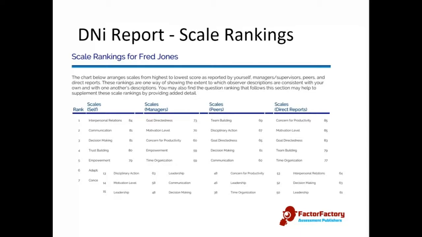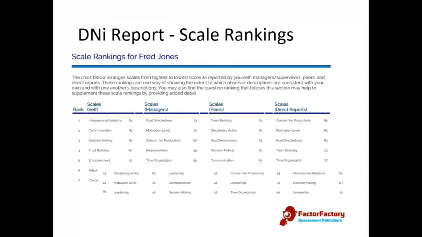Often what I do here is look at maybe the top 3 and come across here and say, is there any commonality between what they see themselves versus how others see them? Or is there a commonality in things like goal directedness? You see for managers, goal directedness was the highest score they got.